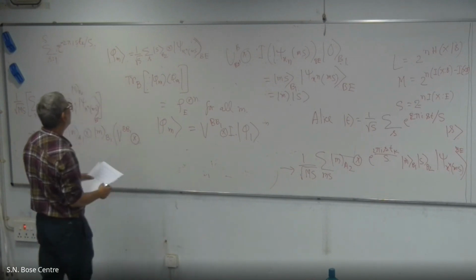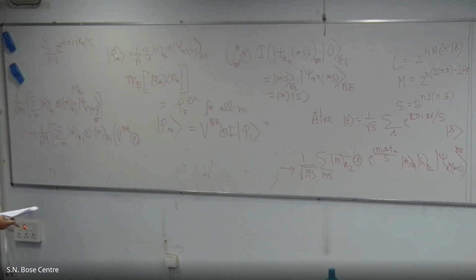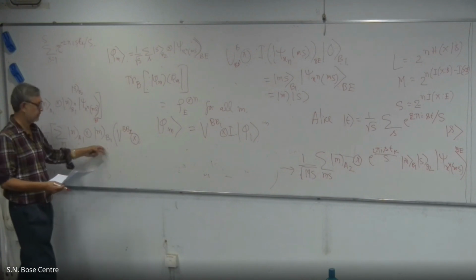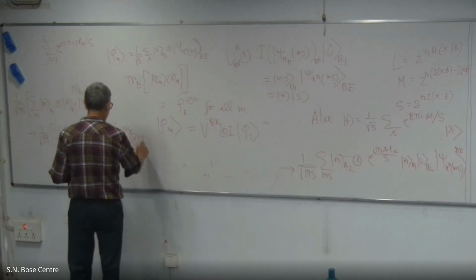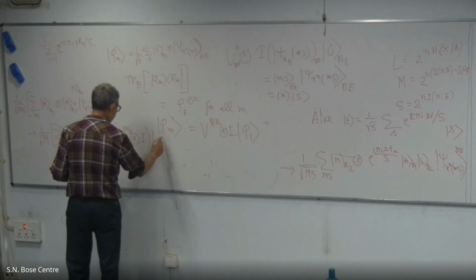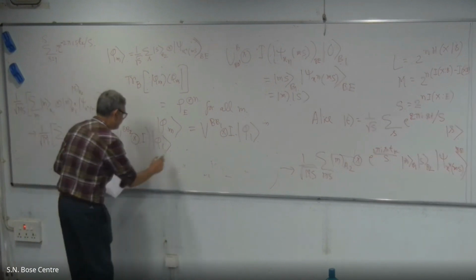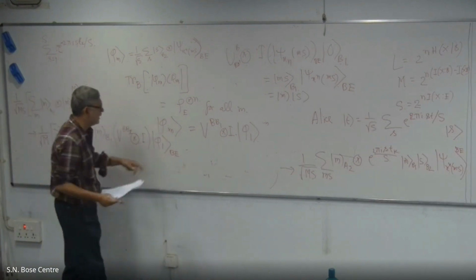Technically, that would be V. Yes, that's right. Because B1 will remain like this, if you want, phi 1. Now this has been a fixed state E. This has been a fixed state.